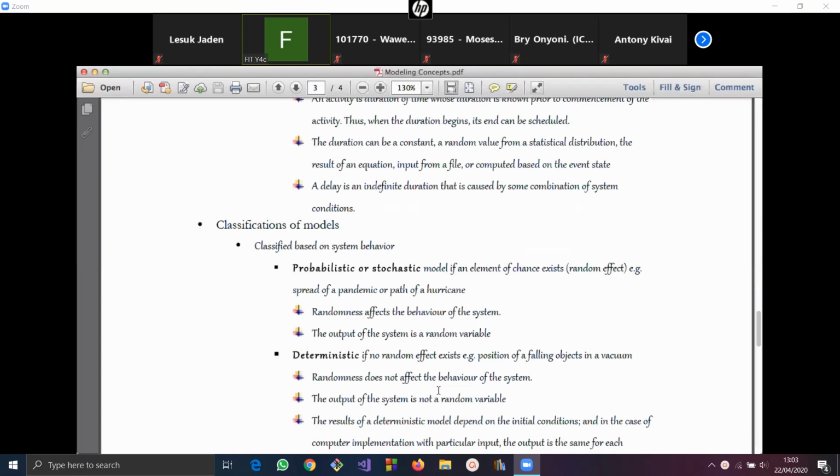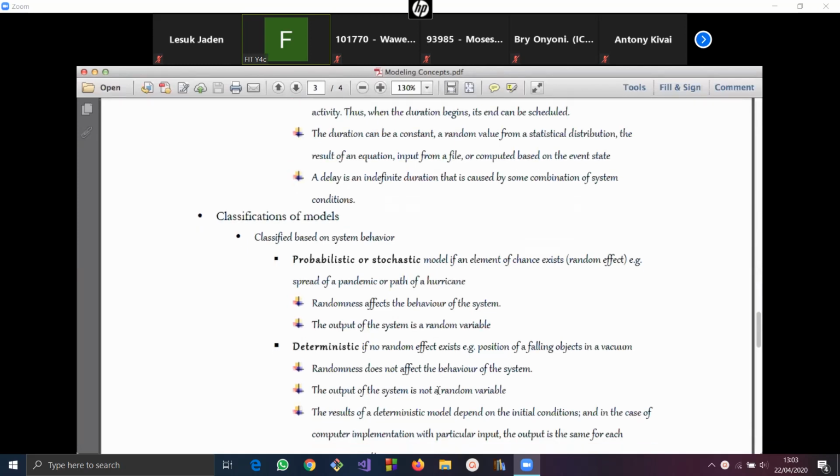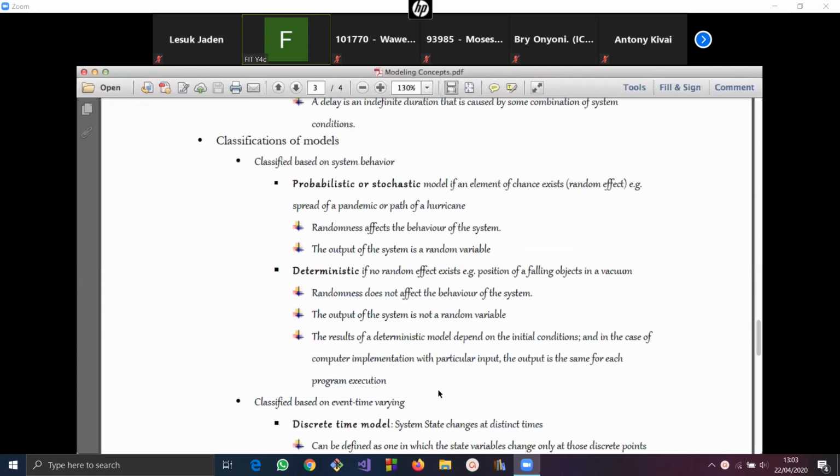Can I say this is what it's going to be with surety? If so, then that is deterministic. If you can't say with surety, and it is by chance, then that's probabilistic. The understanding of this will assist you to know the modeling techniques you apply. So those are those which are based on behavior, and in most cases, you'll find them falling under this.